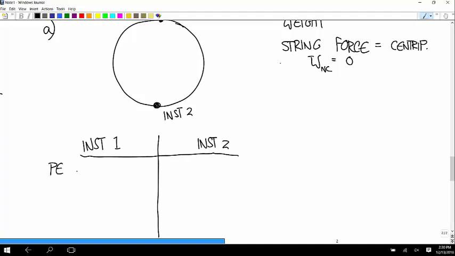Gravitational potential energy is mass of the object. So that's 0.1 times 9.81, and now times the height. And we have to choose a 0 height. Like always in these problems, it doesn't matter where you choose it. It just matters that you're consistent through the whole problem.